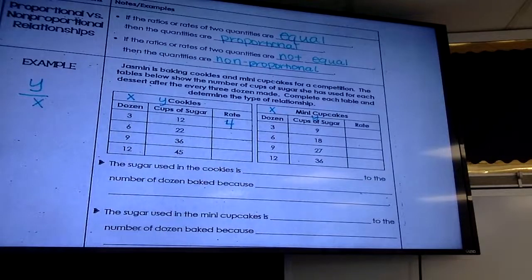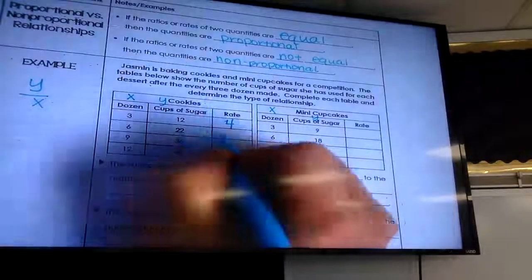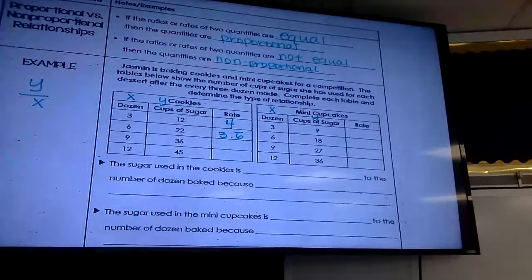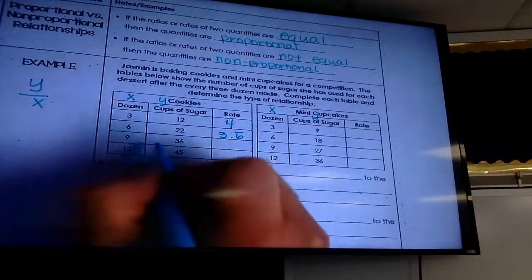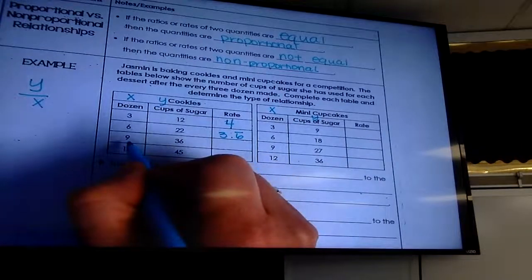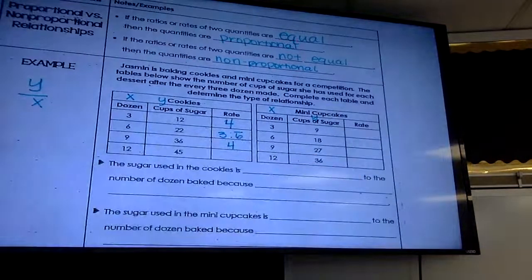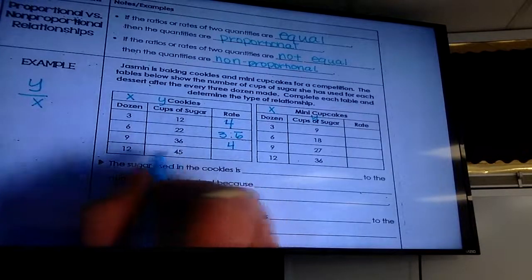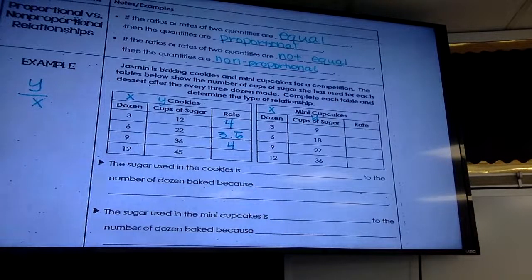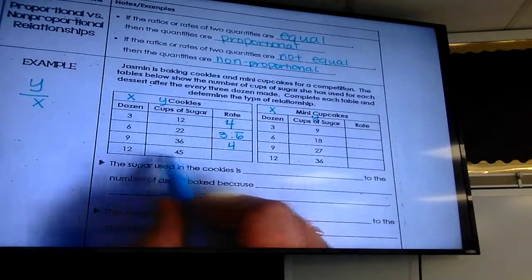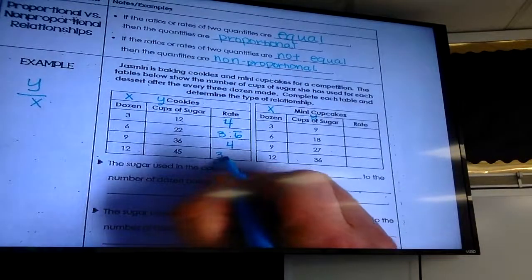I don't know that one off the top of my head, so I'm going to use my calculator. And I find out it's 3.6 repeating. Okay, 36 divided by 9. I can do that off the top of my head. That's 4. 45 divided by 12. I'm not so sure about that one, so I'm going to use my calculator. Y divided by x. 45 divided by 12 is 3.75.